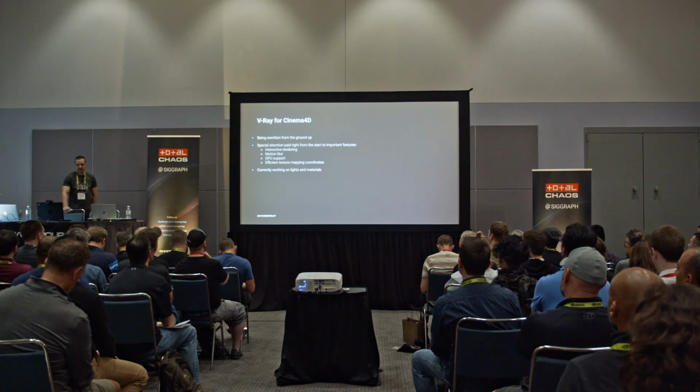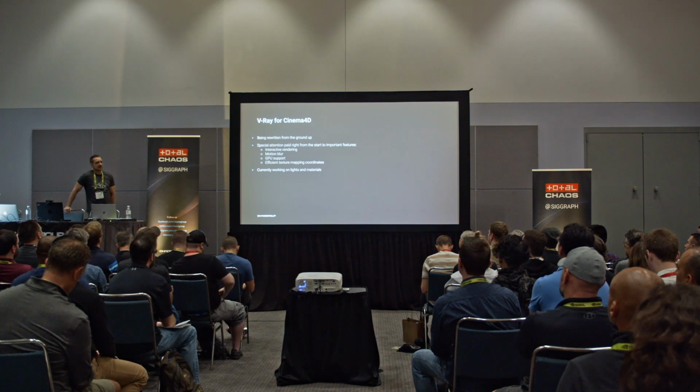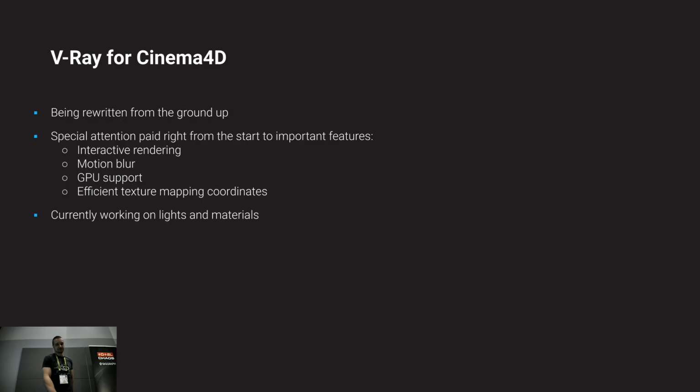VRay for Cinema 4D is another integration that we're working on, and we are basically rewriting it from scratch. Why? Because we looked at the current state of VRay for Cinema 4D, and we realized that some important features that people wanted to use in their everyday workflows were not working very well, and unfortunately we couldn't just patch them up, so we had to start all over again.